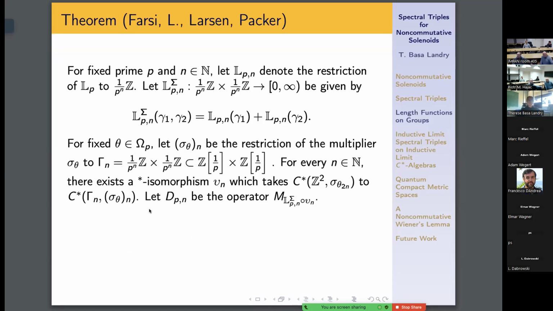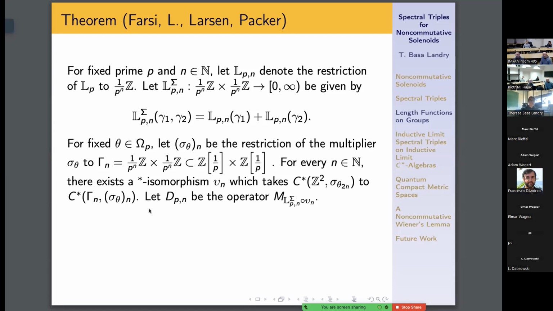Okay, and it turns out that also our spectral triples, we could define restrictions for each of the different components so that we get spectral triples on quantum tori. And of course, that's interesting because non-commutative solenoids can be realized as inductive limits of quantum tori.